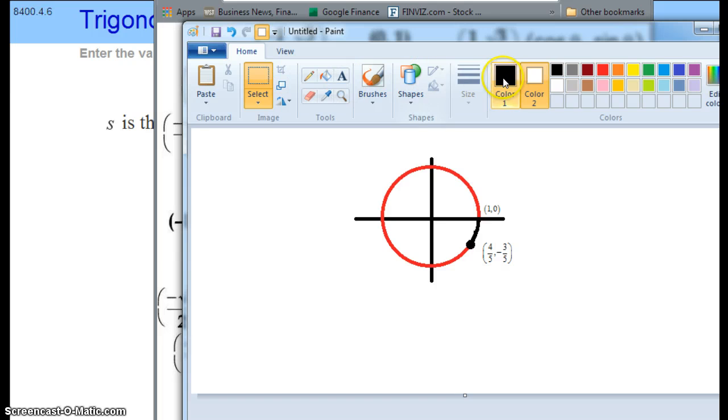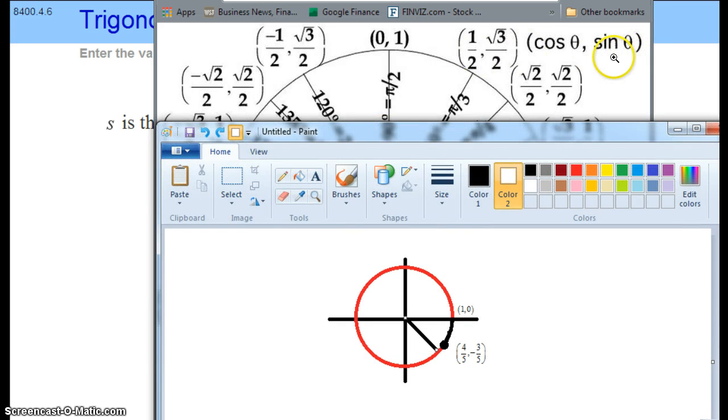Let me draw that little angle in. So sine of this, that didn't come out very well, but sine of that is just this number. Our unit circle reminded us, sine of theta: this is our theta, and this is our sine of theta. So it's right in front of your eyes, actually.